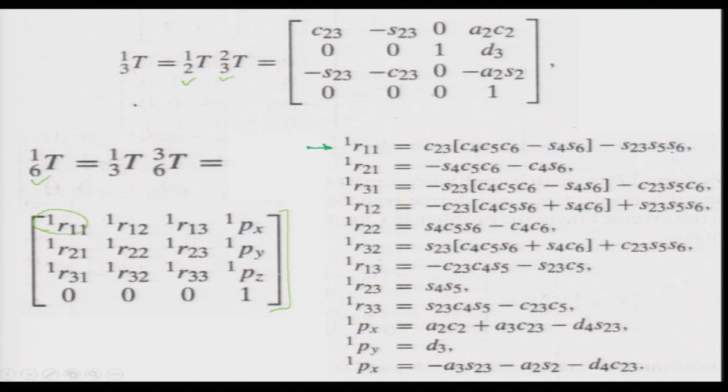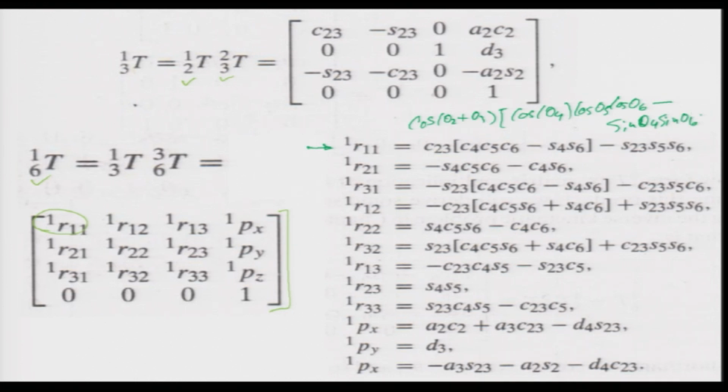These are the terms which are contained in R11, and if you see, this is cos theta 2 plus theta 3 into cos theta 4 into cos theta 5 into cos theta 6 minus sin theta 4 sin theta 6.